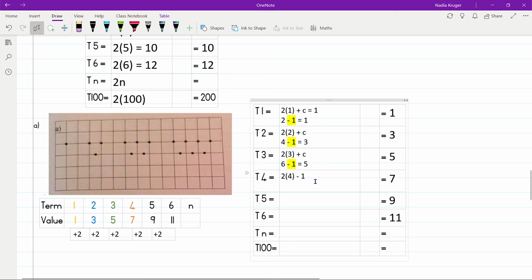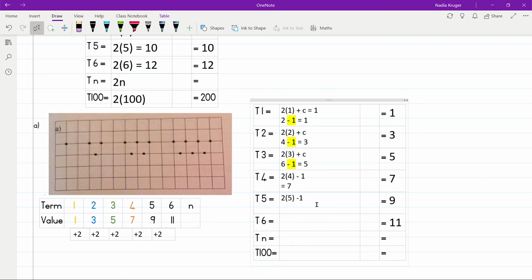Okay, so 2 times 4 is 8, and 8 minus 1 is 7, and that is actually what we want. 2 times 5, let's apply it again, minus 1 will give us 10 minus 1, and that would also give us our 9. The next one is 2 times 6 minus 1 is 11.